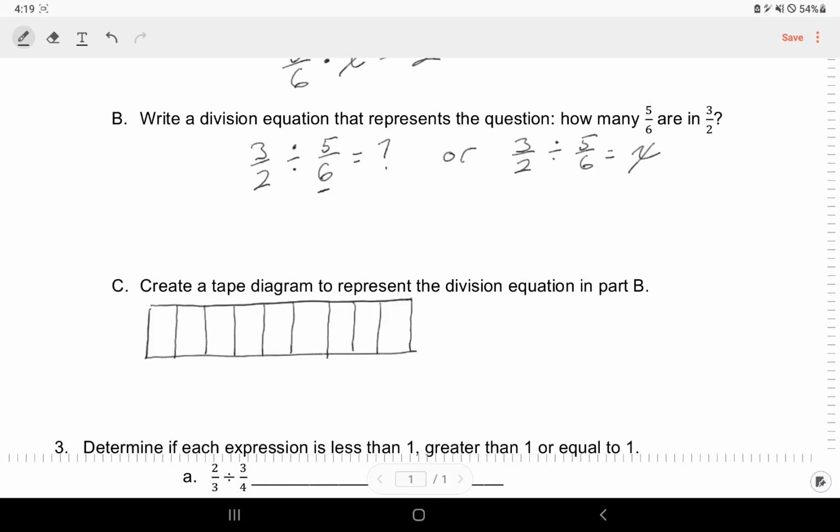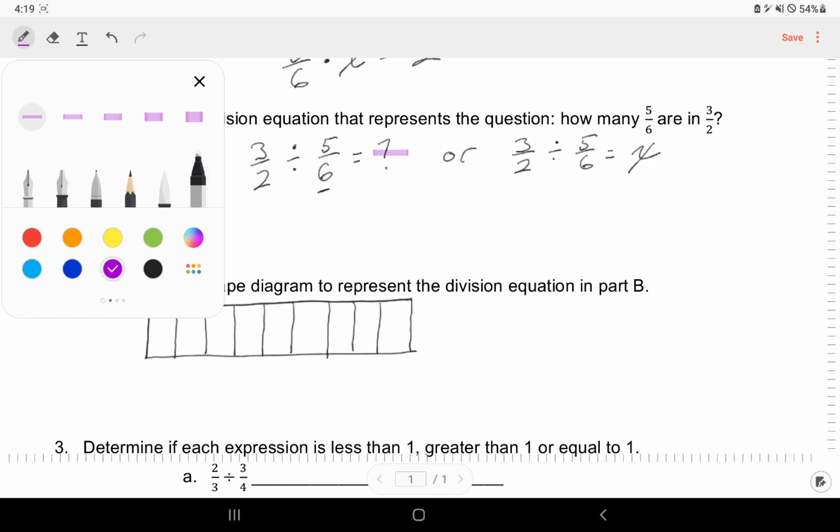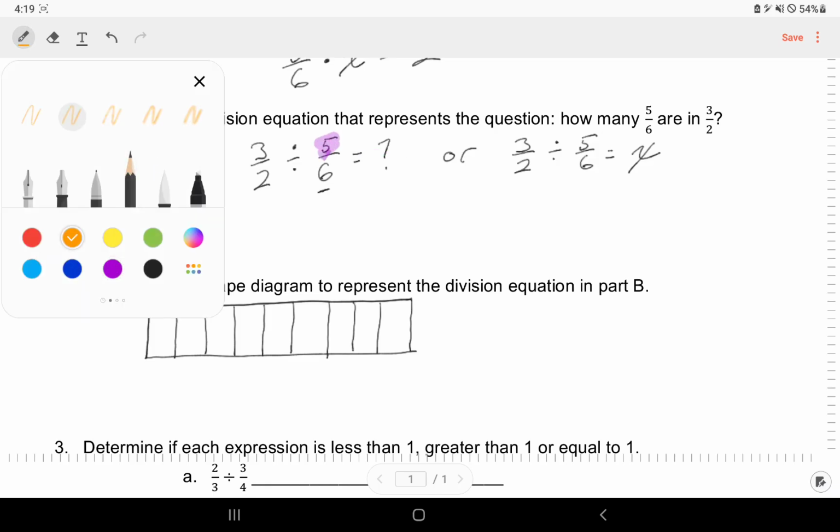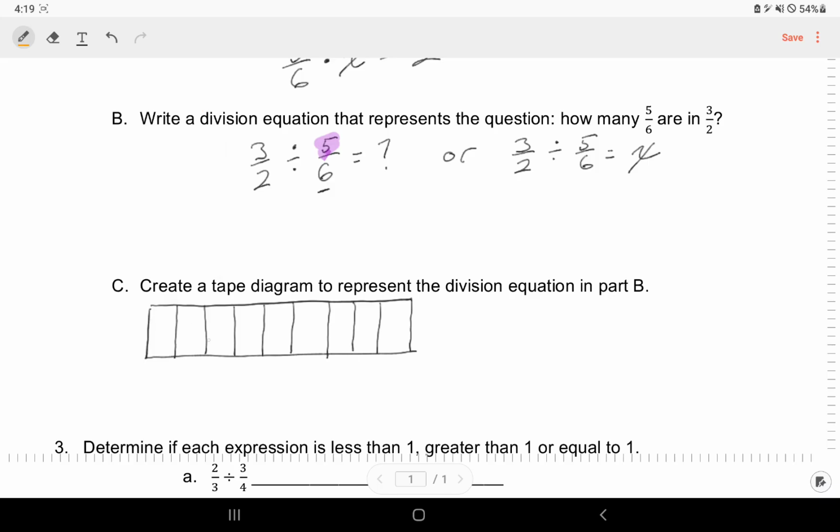Now, I need groups of 5. So, 1, 2, 3, 4, 5. I never could color inside the lines.